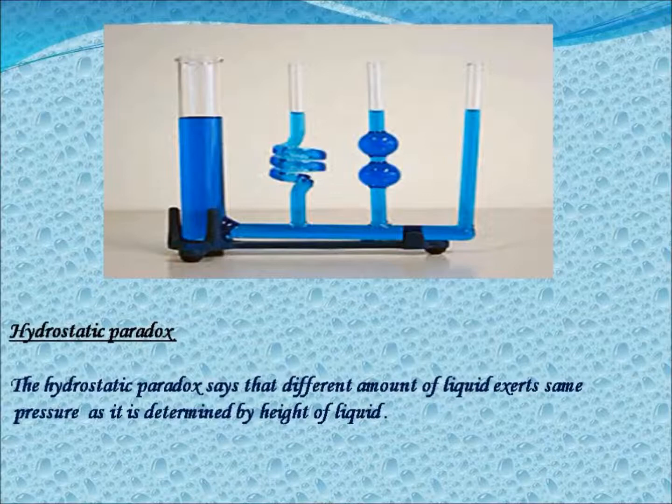The height of this imaginary cylinder is h, and A is the cross-sectional area of the cylinder XY.